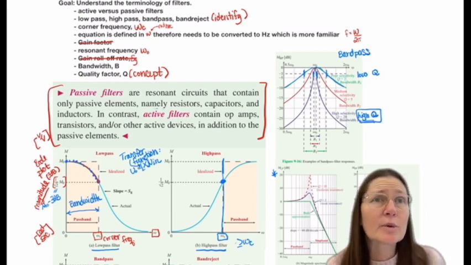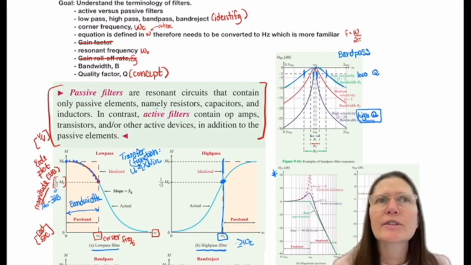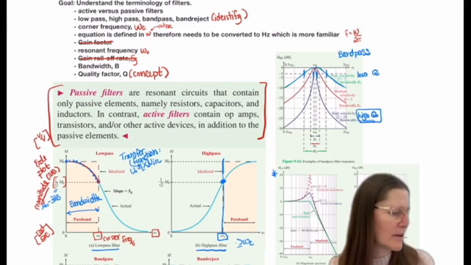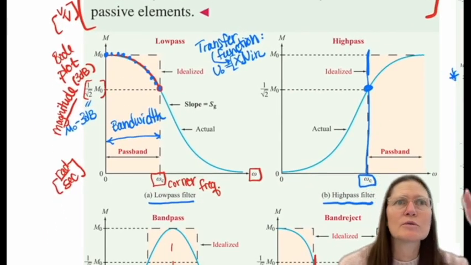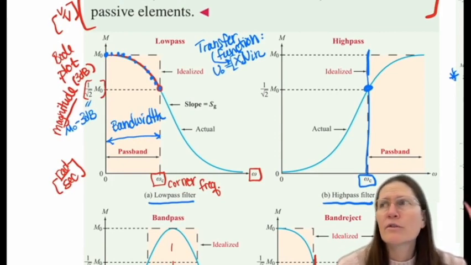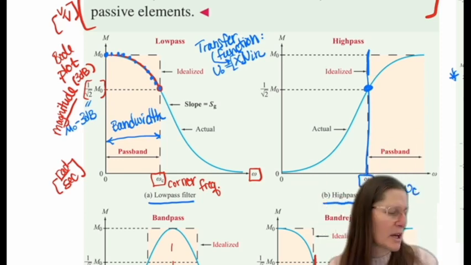And resonant frequency was for the band pass and the band reject. That's that middle frequency. And then bandwidth is the location of, for a low pass, it will be up to some corner frequency. That would be considered your bandwidth. For high pass, it's after your corner frequency would be considered your bandwidth.